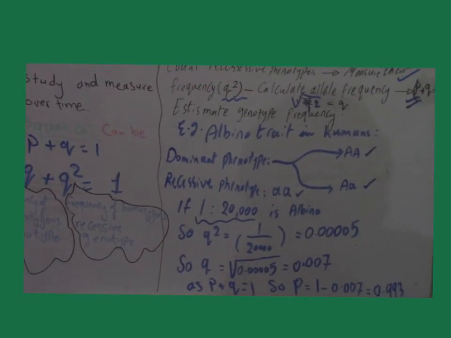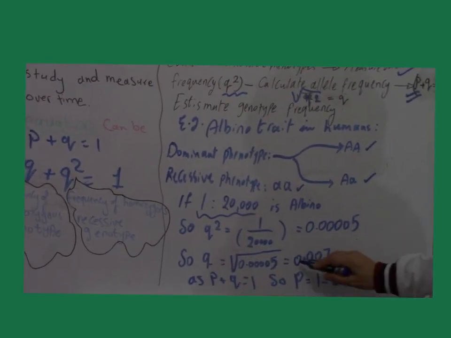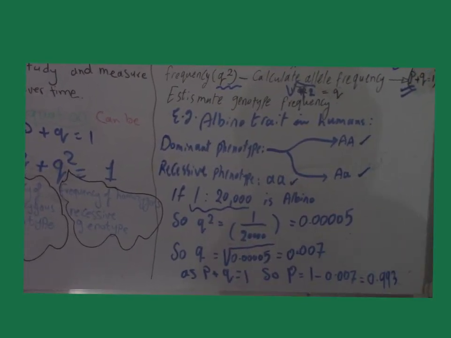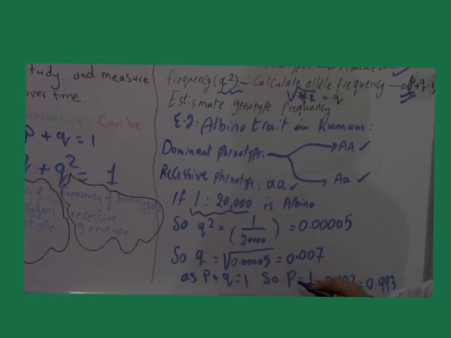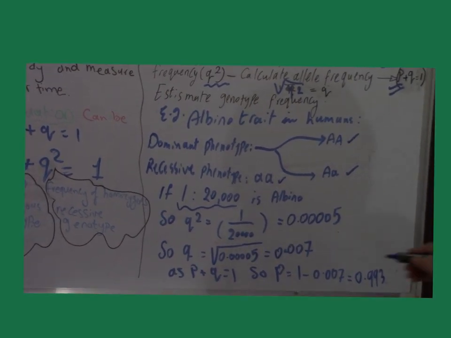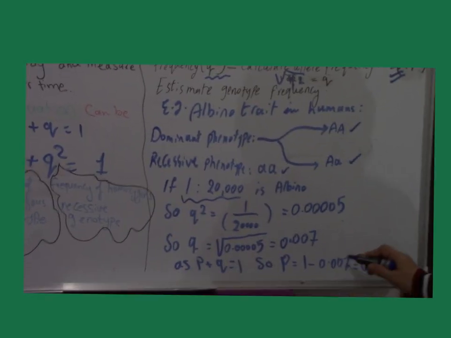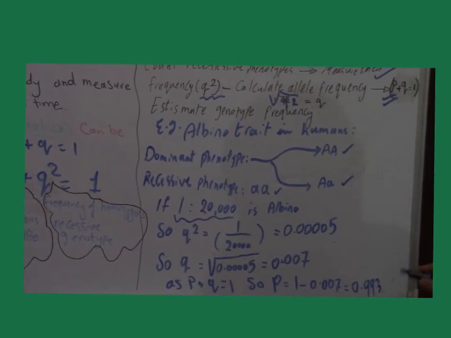To find the allele frequency, you take the square root of this value. You will get 0.007. Then apply p plus q equals 1. You will get p, the frequency of the dominant allele: 1 minus 0.007 equals 0.993.